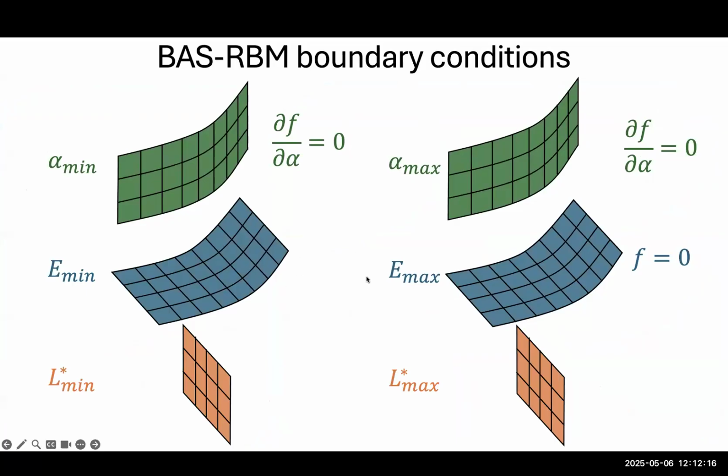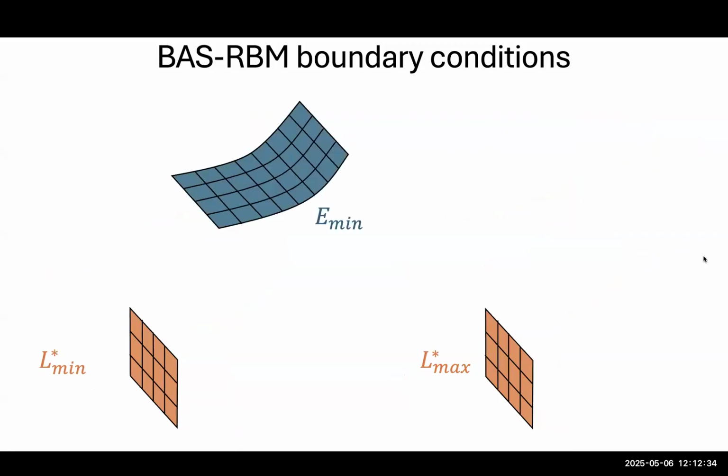And then for the maximum energy, the phase space density can be set to 0. Basically, we assume there's no particles at the highest energy. So that just leaves us with 3 boundaries that we need to specify.